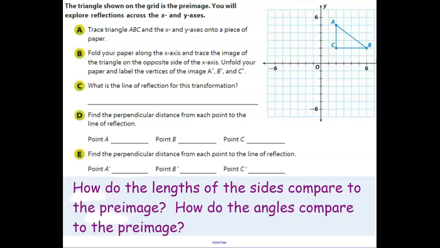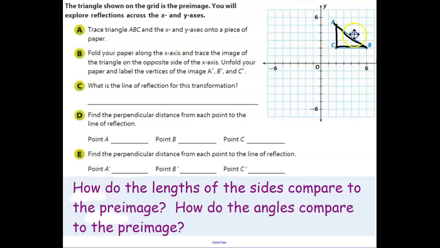All right, so I'm going to do one here. Normally we would get some tracing paper and do this together in class, but, you know, distance learning. So I'm going to trace this triangle. Okay, and I am going to imagine that I traced it on a piece of tracing paper, and then I'm going to fold my tracing paper over on the x-axis.